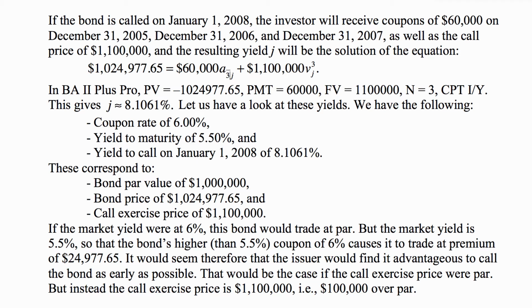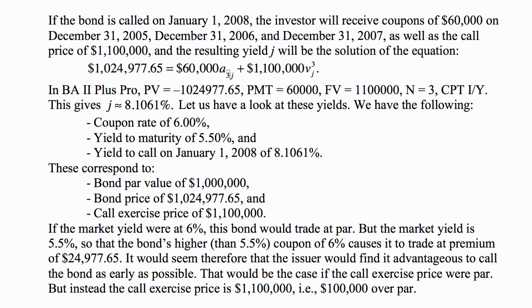So let's look at these yields. The coupon rate is 6%, yield to maturity is 5.5, and yield to call on January 1st, 2008 is 8.1061%. These correspond to bond par value of $1 million, bond price of $1,024,977.65, and call exercise price of $1,100,000.